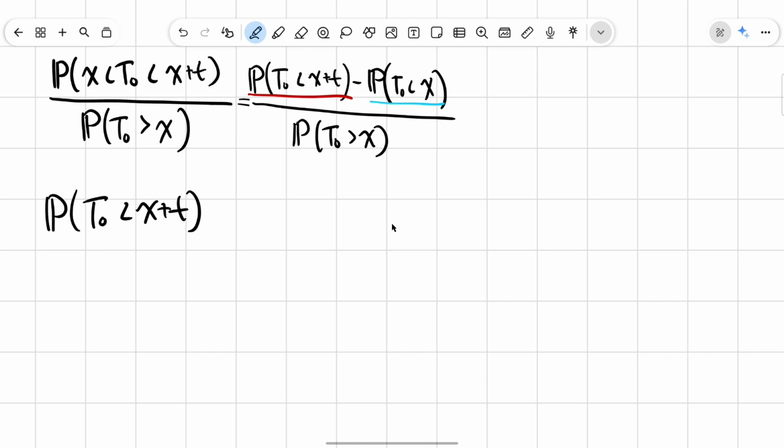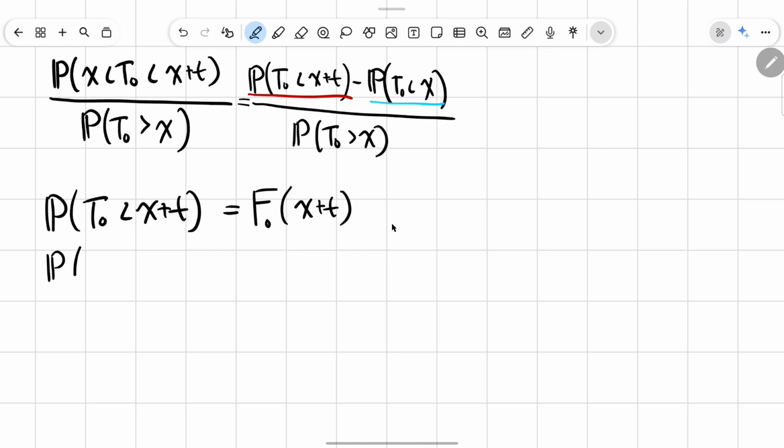We can use the definition of the lifetime distribution, so we can denote this as F of his current age is 0 and the probability of him dying within x plus t years, so x plus t.